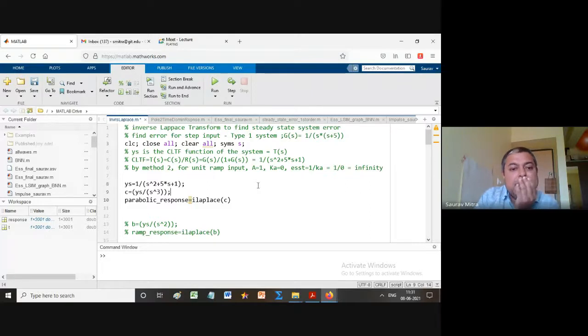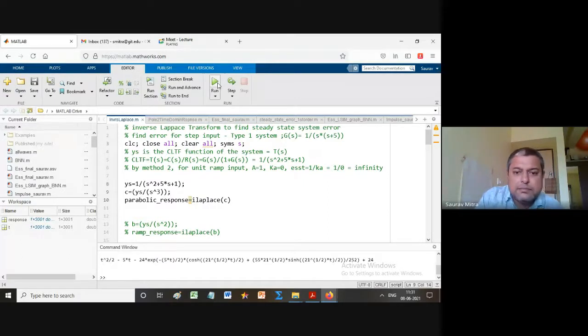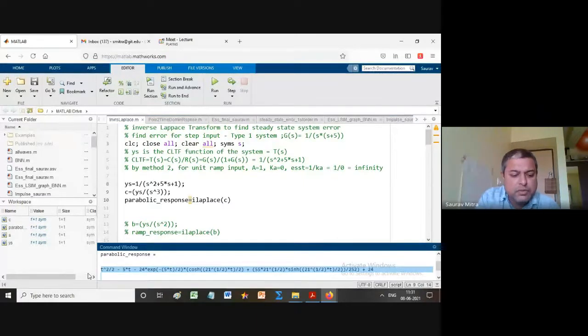So this is the parabolic response we are finding. Y(s) is equal to 1 by S cube. So this is the type 1 system parabolic response. What are we plotting? A very big expression has come, but no problem with that. We know what to do. We'll just take it here.